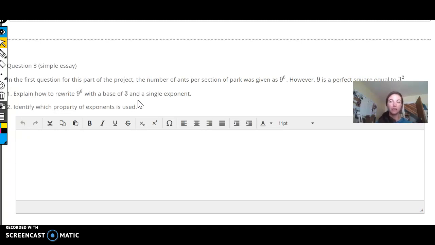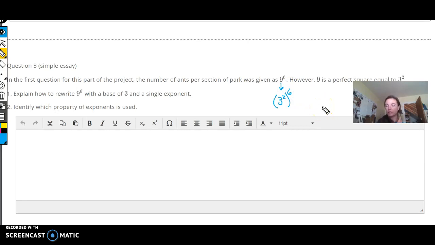And then we need to identify which property of exponents we use to do that. So if we know that 9 is 3 squared, then we're just going to substitute that into that 9 to the 6th, all right? We're going to replace 9 with 3 squared, but we're still taking it to the 6th power, all right?